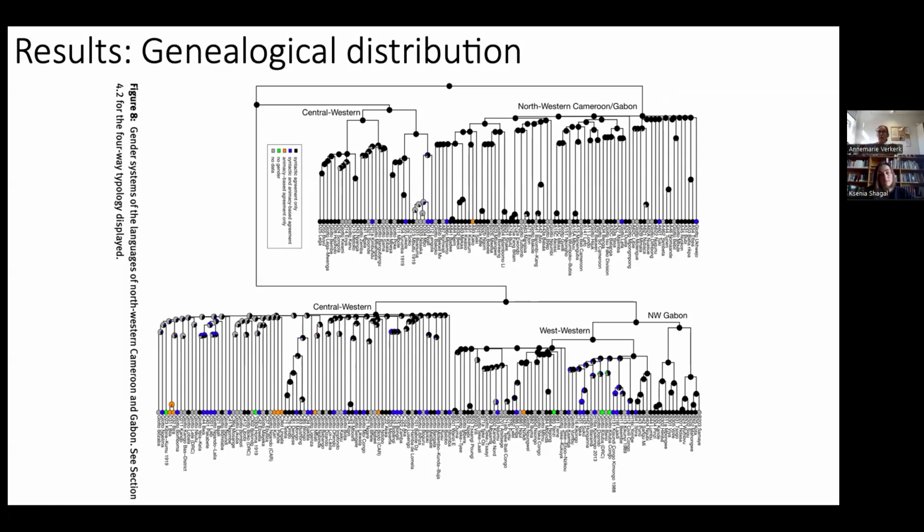And as you look here, in these groupings that are closest to Proto-Bantu, there's actually relatively little Annemarie-based agreement going on, and it's mostly in Central Western Bantu that we find this. And also what we find is that there are groupings, right? So you can look at these languages here, they form a clade. They are forming a closely related grouping, and they tend to have similar gender systems.